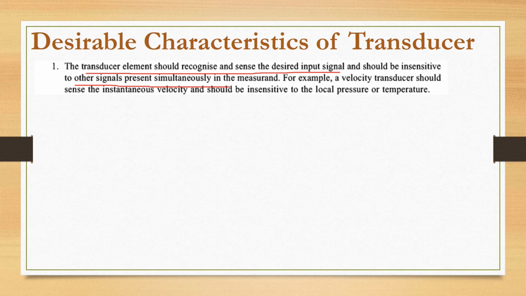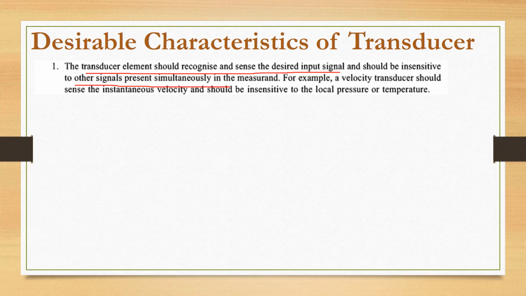Suppose you want to measure the temperature of, say, a room, and in the room there is also some air flowing, some pressure changes, some humidity changes. Your transducer should be such that it only senses the change in temperature.